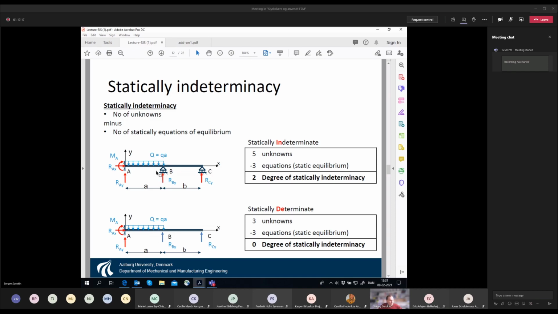In order to make them identical, we have to say that the displacement of point B in this system must be 0, and the displacement of point C in this system also must be 0.